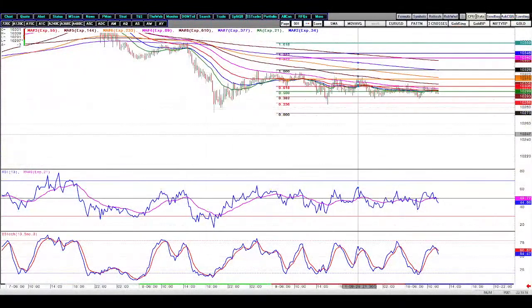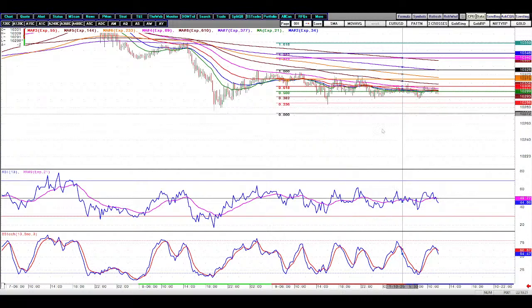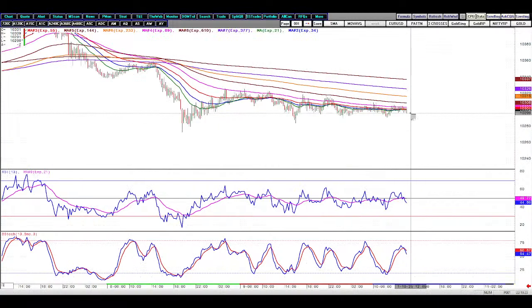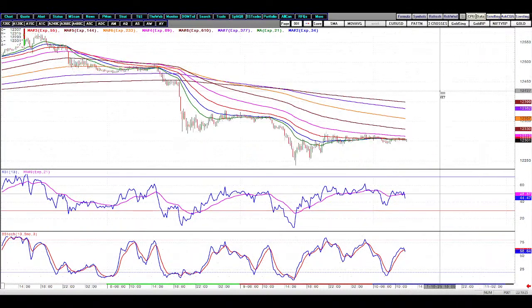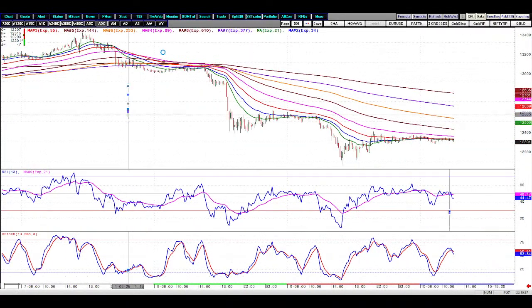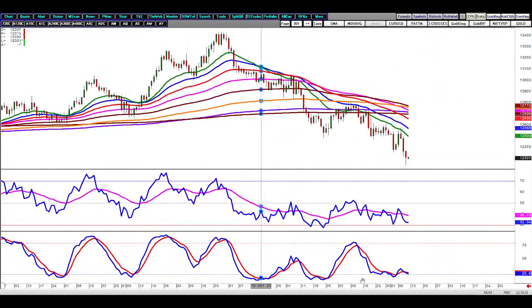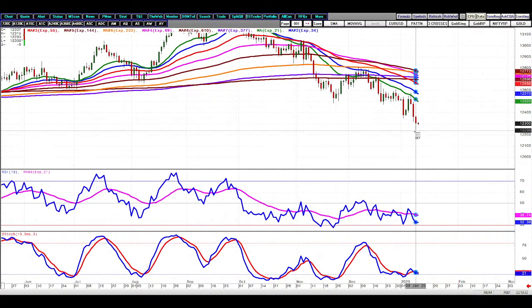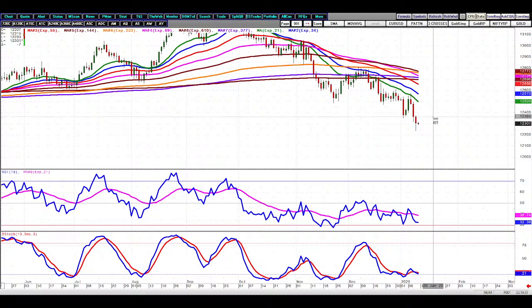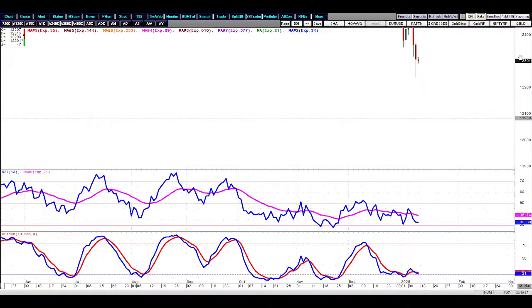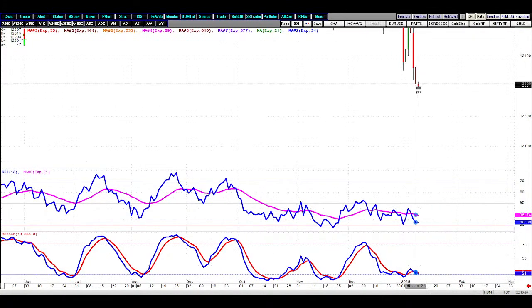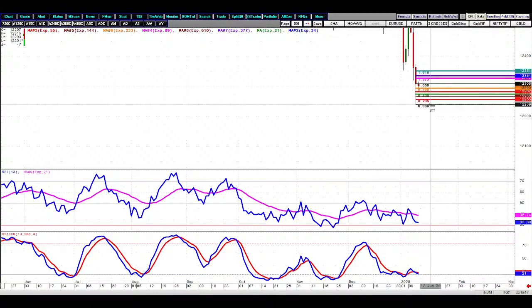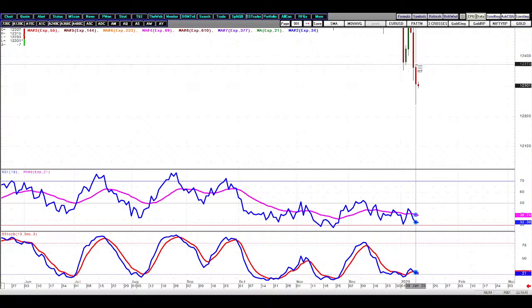Let's confirm that with the chart. The chart on the daily is in a downtrend. Yesterday was a pullback, so we should see the price at least retracing towards 123.35 or 50.